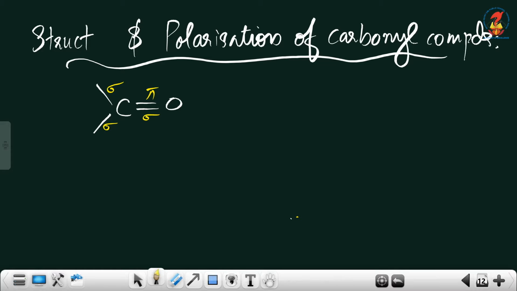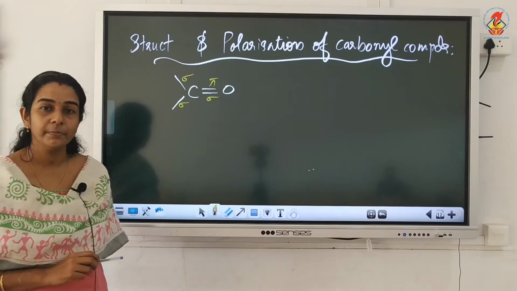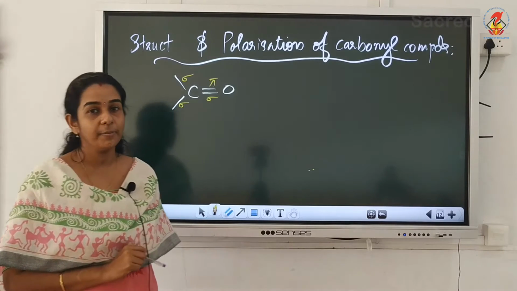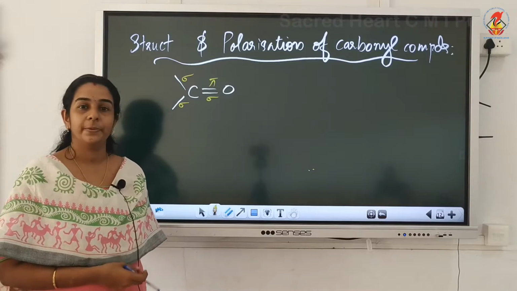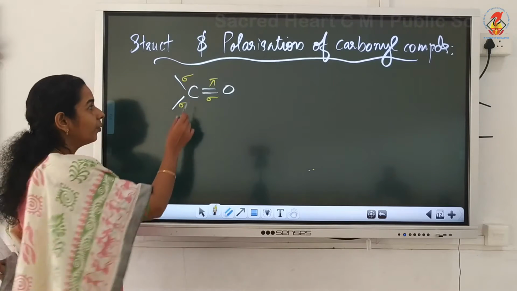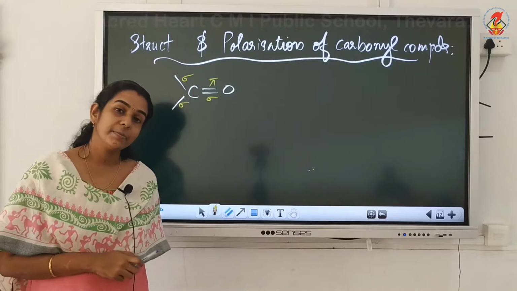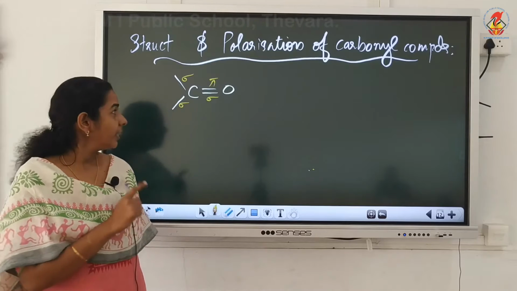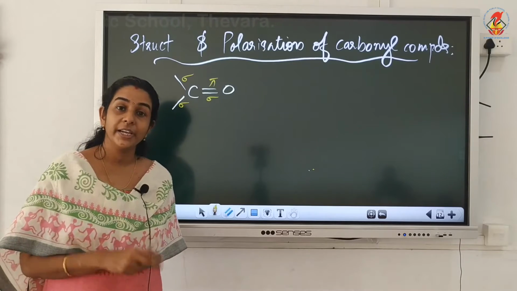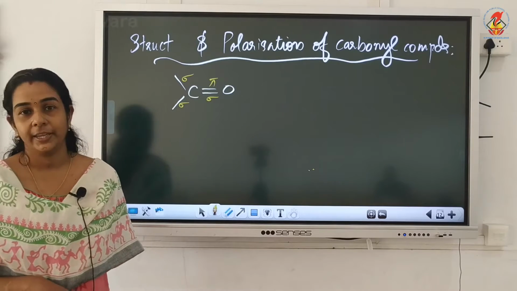So regarding the first point, if a carbon atom is surrounded by all sigma bonds, the hybridization will be sp3. Now, if a carbon atom is surrounded by at least 1 pi, the hybridization will be sp2, and if a carbon atom is surrounded by 2 pi bonds, the hybridization will be sp.